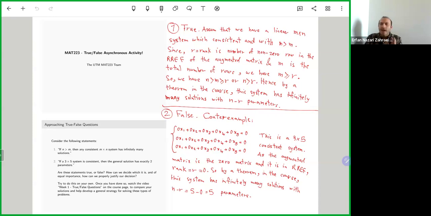Refresh your mind about that theorem or definition and see the similarities and differences, and try to change or manipulate that theorem or definition step by step to get the statement, the claim that you have. If you can do this, basically you proved it and it is true.